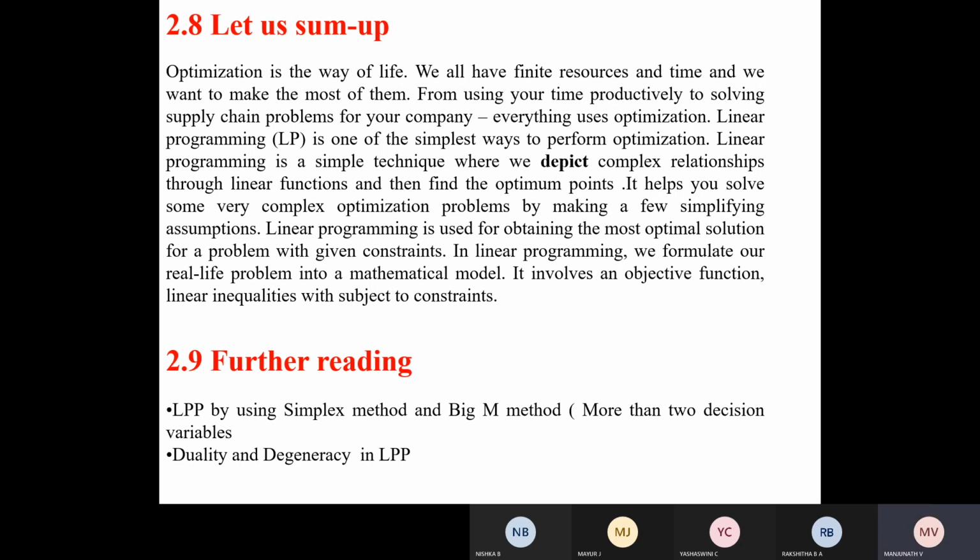No, time is running short. I have to close it well within 10 o'clock. It's already 9:53. Yes, Nishka, can you summarize? Yashaswini, at least you.